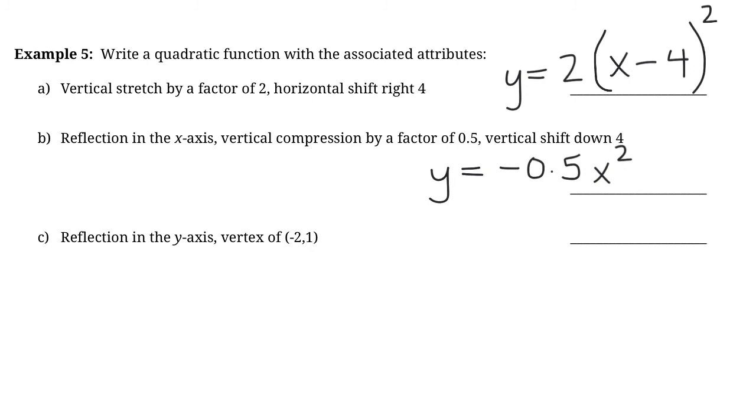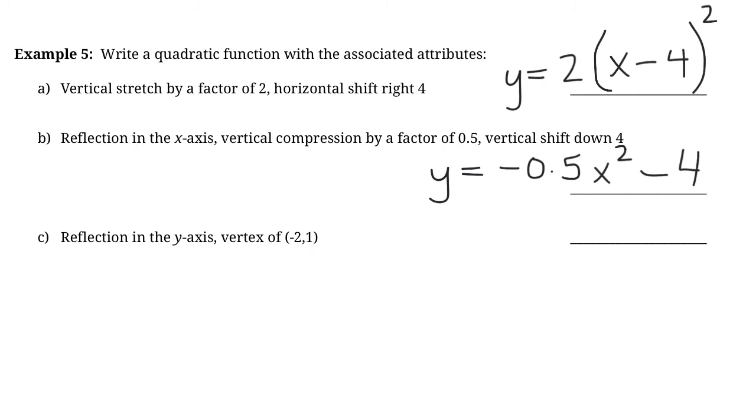We do, however, have a vertical shift. We are shifting this parabola downwards by 4 units. So if we're shifting downwards, that is a minus sign, and we're going to put in the number 4. So this parabola would have an equation of y equals negative 0.5x squared minus 4.